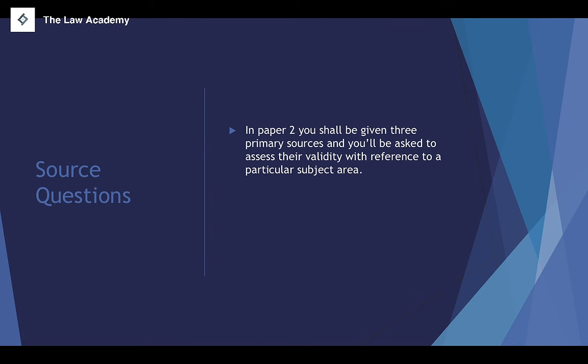And you're asked to assess their validity with reference to a particular subject area, their validity to an historian. So you're asked to take a source and to see how valid it would be to an historian. If an historian is studying this area of history, how valid is this source in coming to the truth about what actually happened in this period of history?